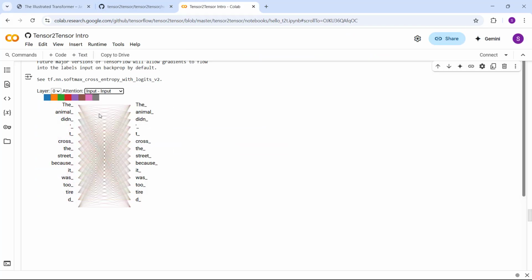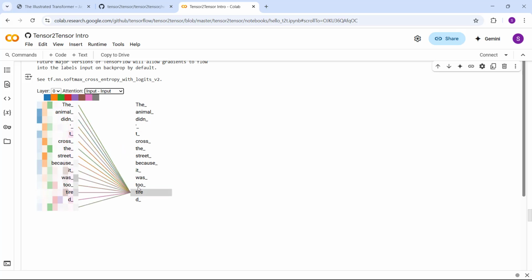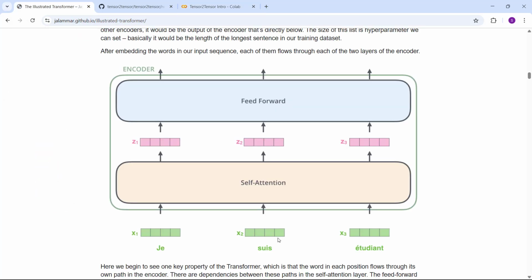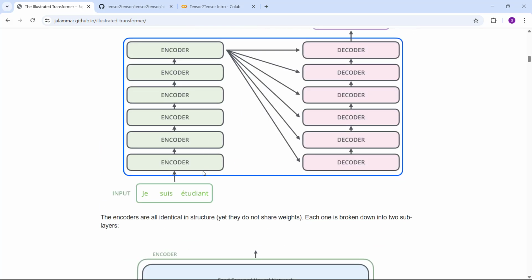Then that will be passed to the ANN, that is the feed-forward network, and you will get the self-attention output. And you know the self-attention is matrix multiplication. What happens next? We will pass that to 6 encoders, that is the output of encoder 1 will be passed to encoder 2, and the encoder 2 output will be passed to encoder 3, etc.